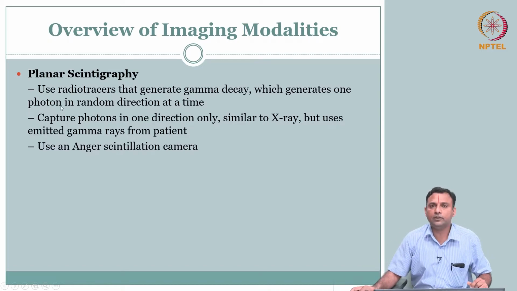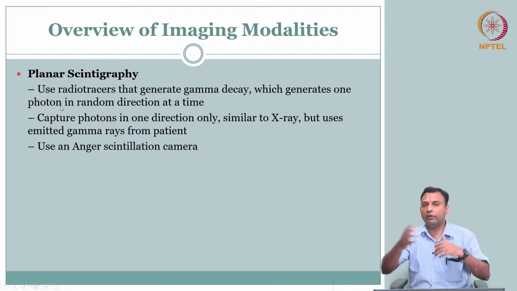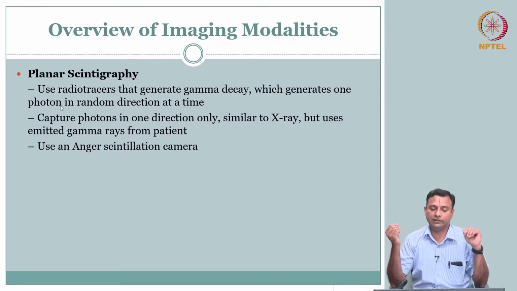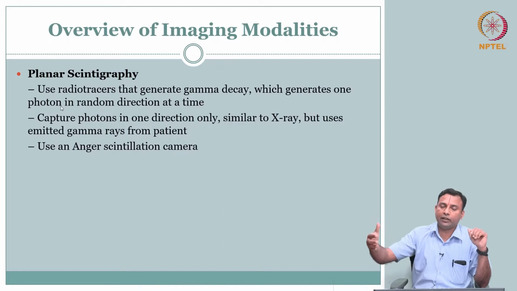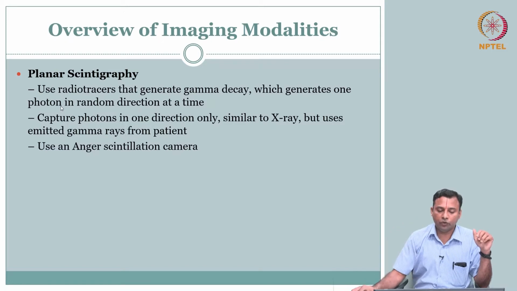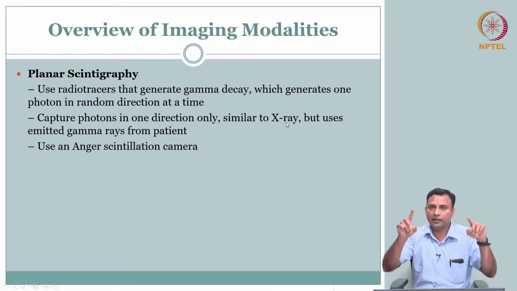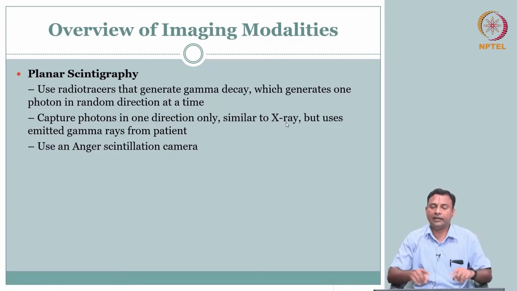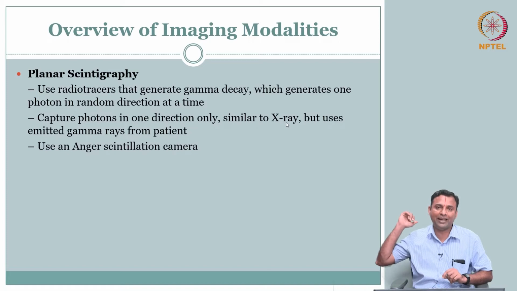Gamma photons will come out throughout the body in all directions. So if you keep a detector on one side, in one location, what is going to happen? These photons can be captured in that direction, and in some sense it is very similar to your X-ray projection radiography, where you had a rectangular shaped detector behind the body.